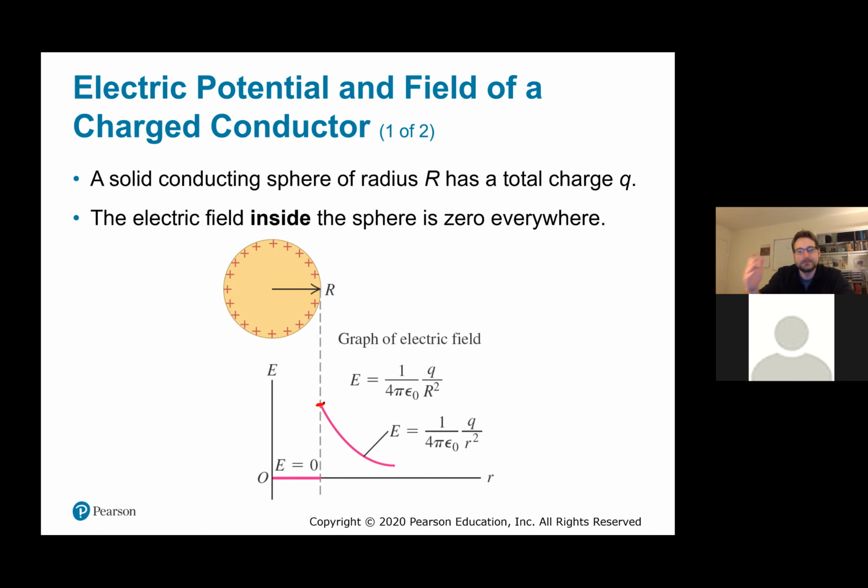And then, because remember, Q over 4 pi r squared is sigma, that's the surface charge density. So this is sigma over epsilon, and we're going to decrease as r squared away from that.